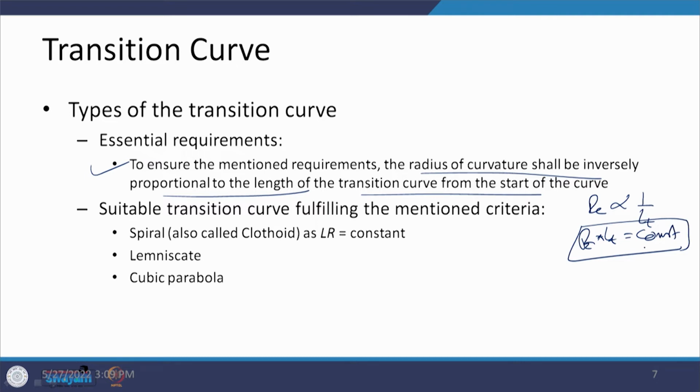When we talk about all of these requirements, we have to see whether the various types of transition curves which are possible and which have been mentioned here, say a spiral curve, lemniscate curve or a cubic parabola, satisfy these things or not.